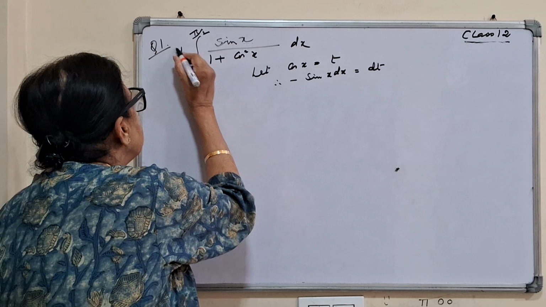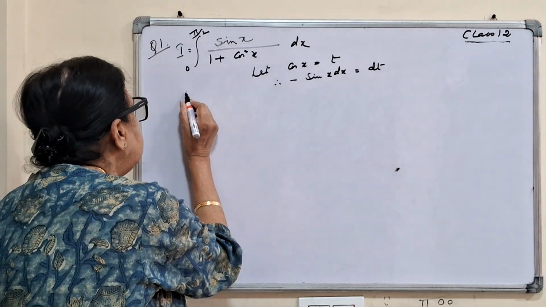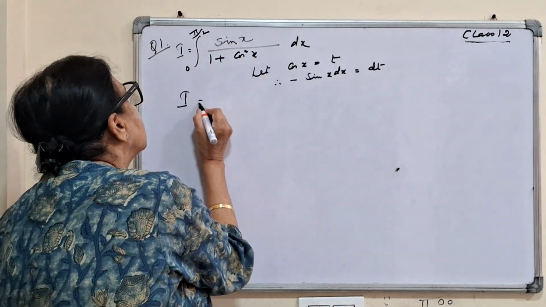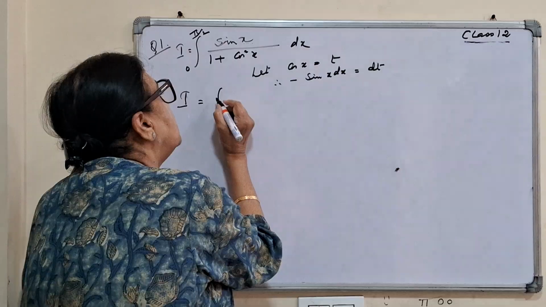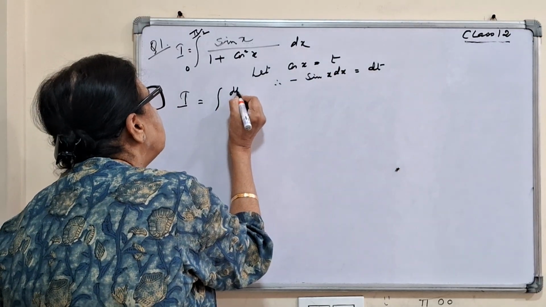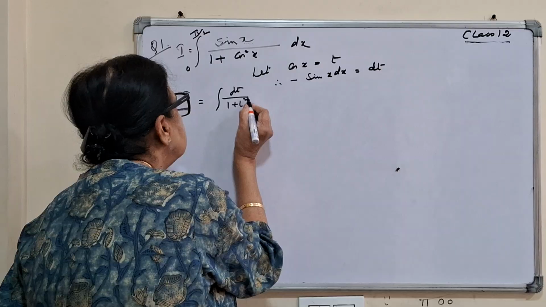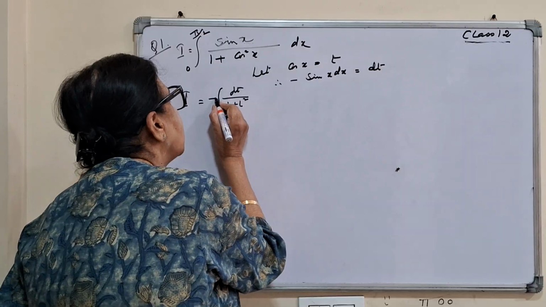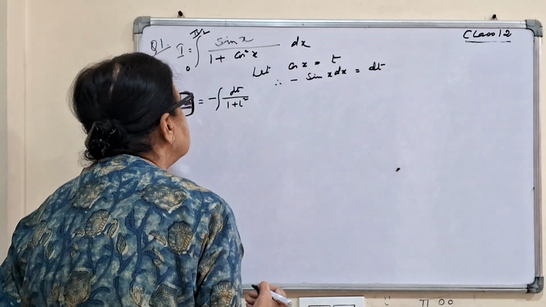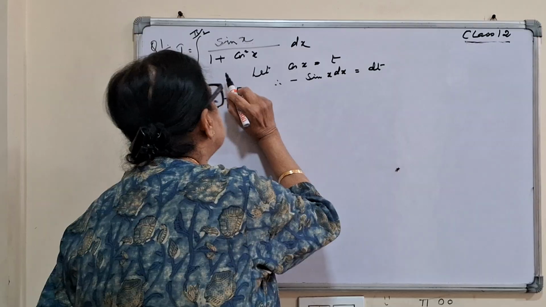This is I. Then I is equal to minus dt over (1 plus t square), and the limits will be changing.